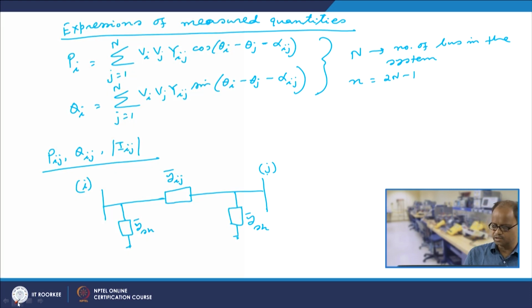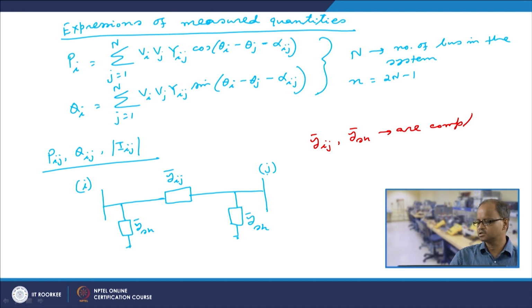Yij and Y shunt are complex admittances of the line.